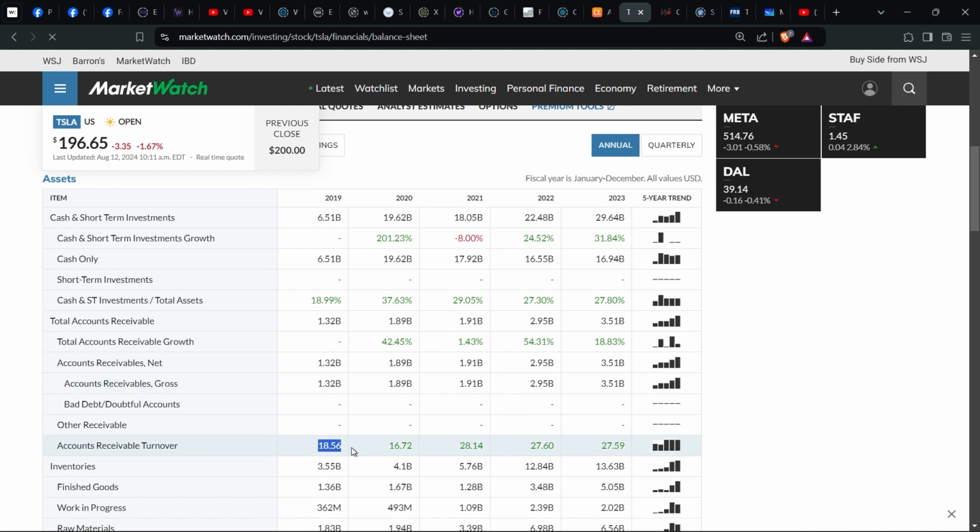Let's look at Tesla. Accounts receivables turnover. You can see Tesla's number is quite stable at above 25. This is 28, 27, 27. And this is the latest one, 2023.